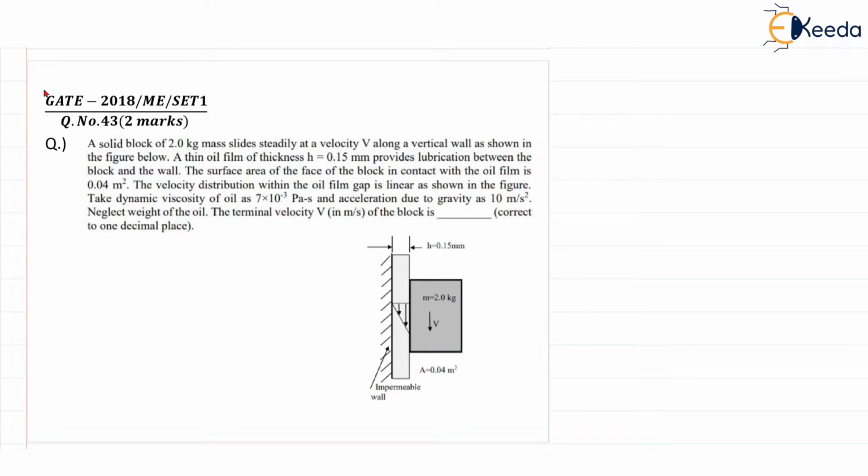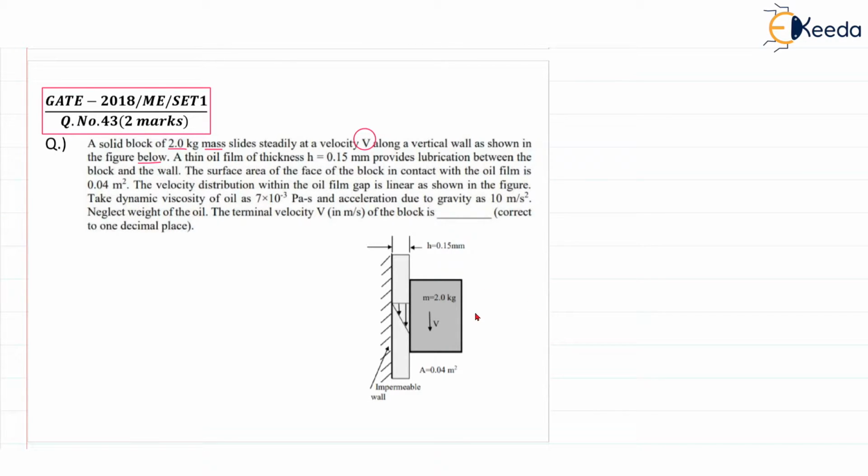As per the given question in GATE 2018 Mechanical Set 1, question 43 for 2 marks, a solid block of 2 kg mass slides steadily at a velocity v along a vertical wall as shown in the figure below.